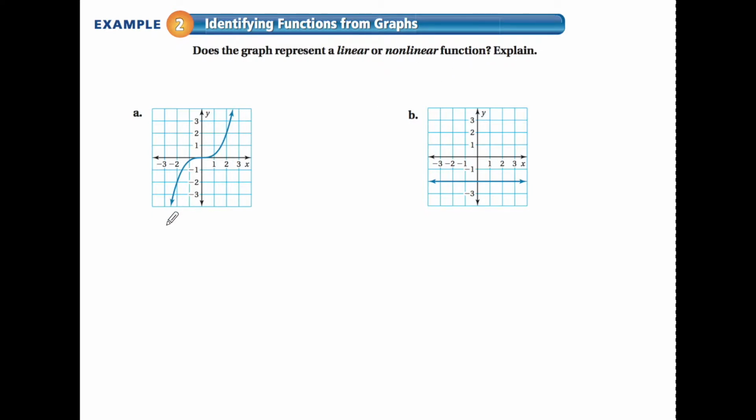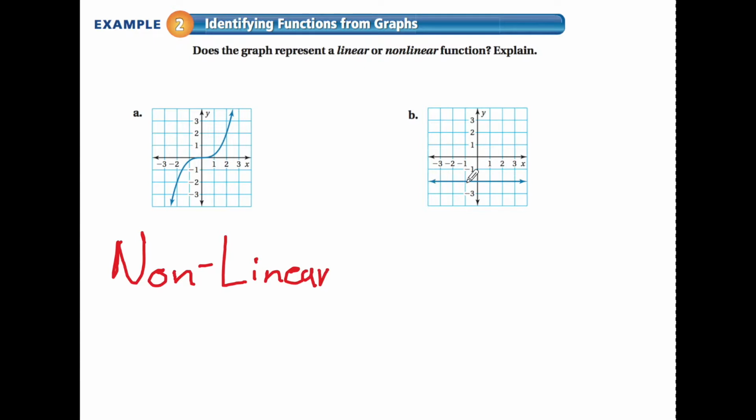Well, let's look at graph A. Graph A is a curved line here, right? It's not a straight line. So is it a linear function or a nonlinear function? If it's not a straight line, it is nonlinear. It is a nonlinear function.